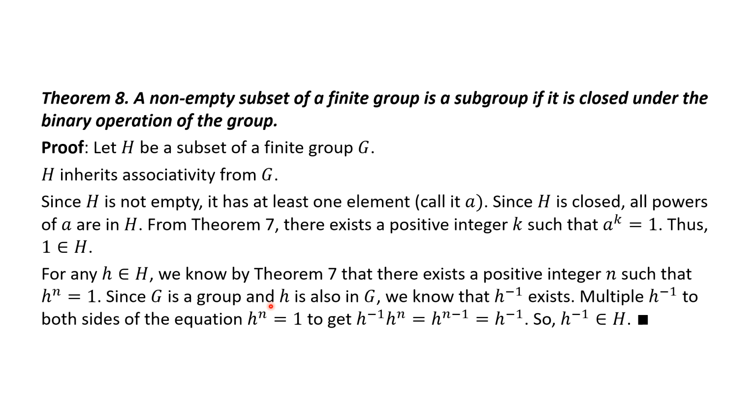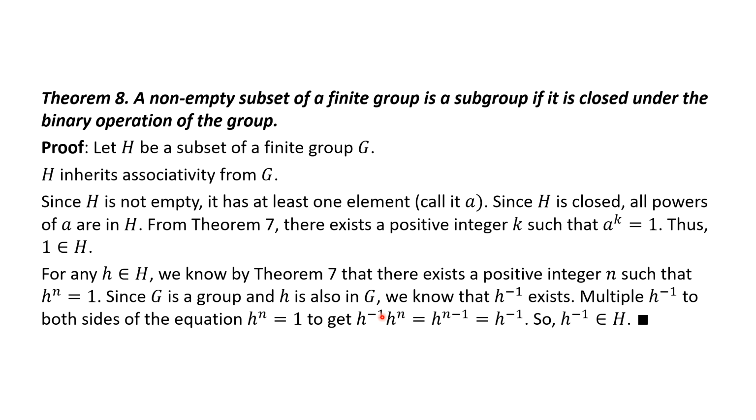Since G is a group and H is in G, we know that h inverse exists. We don't know that it's in H yet, but we know that h inverse exists. So multiply h inverse to both sides of this equation, and we get this here.